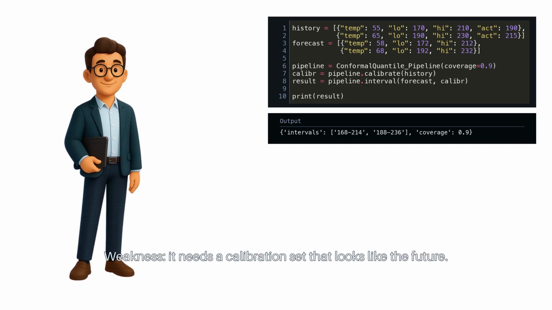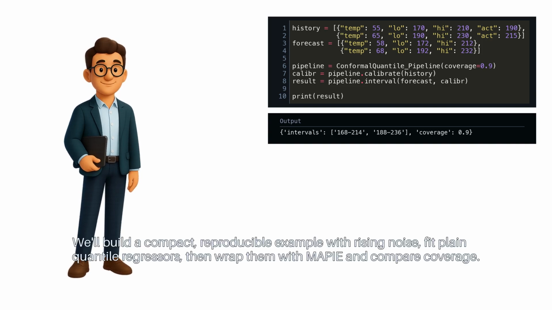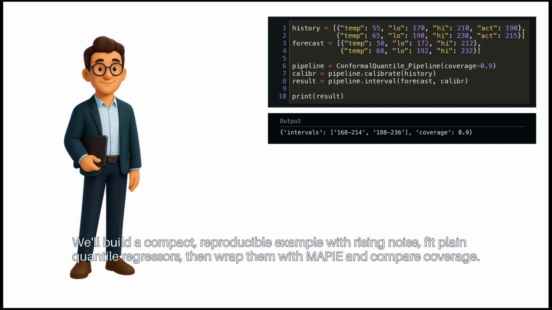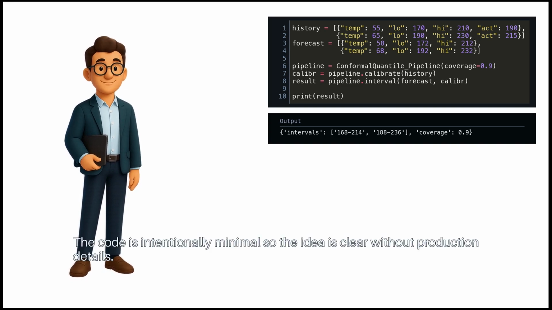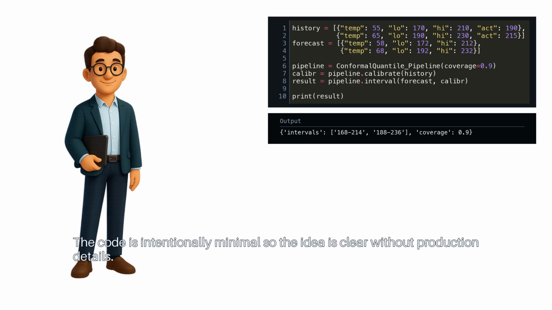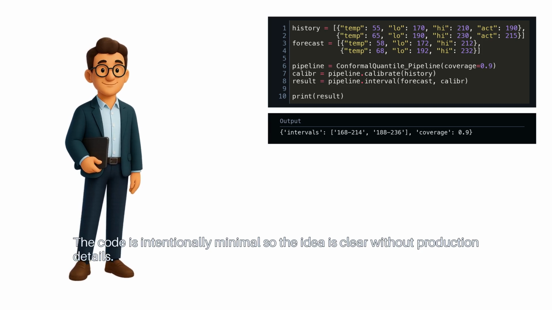Weakness: it needs a calibration set that looks like the future. We'll build a compact, reproducible example with rising noise, fit plain quantile regressors, then wrap them with MAPIE and compare coverage. The code is intentionally minimal, so the idea is clear without production details.